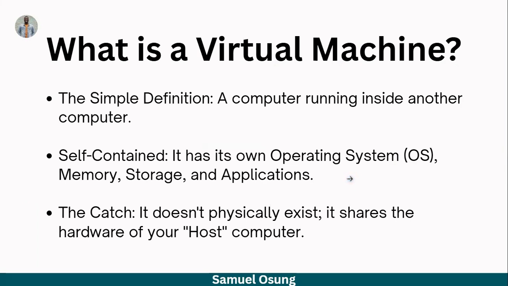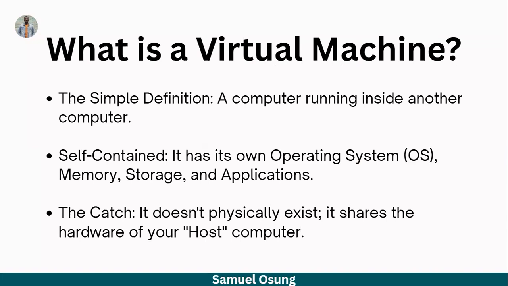Let's start with a very simple question. What is a virtual machine? In the simplest way possible, a virtual machine is a computer inside another computer. So a virtual machine has its own operating system, its own memory, its own storage, and its own application.